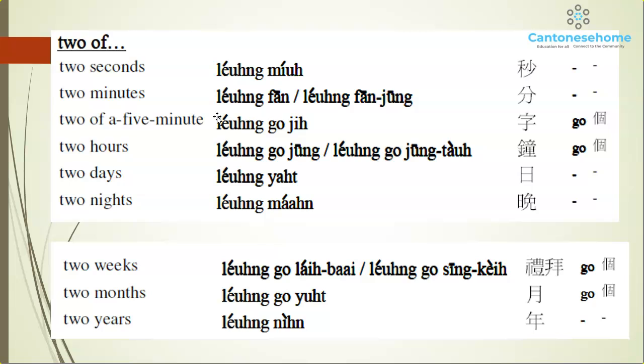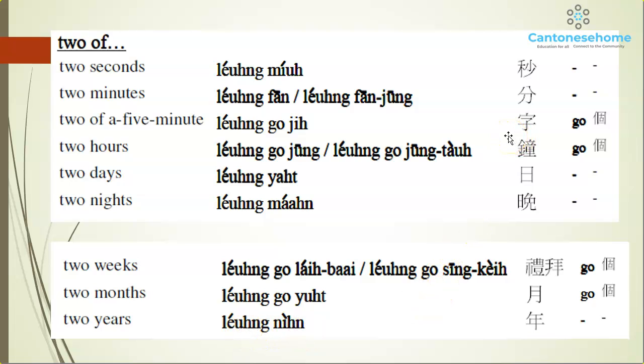So this is most of the content. 秒, 2秒, 2分, 2個字. So see the measure word, 2個鐘, 2日, 2晚. You can see just these two, 字 and 鐘, you need 個. 2個星期, 2個禮拜, 2個月, 2年.